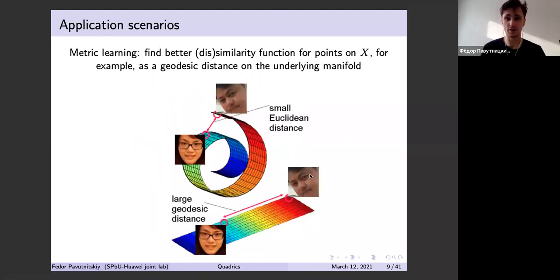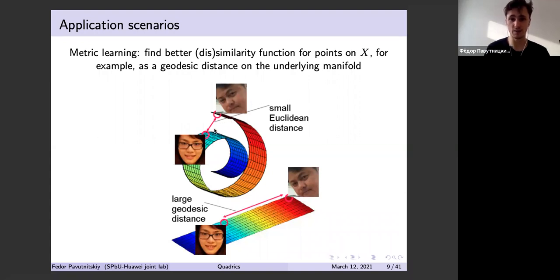The last application scenario that we'll cover today is metric learning. We haven't done it properly in full generality, but we have some very rudimentary metric learning that I will show later. But in general, the idea is the following: if we found our desired manifold that geometrically expresses the nature of the data, then similarity or dissimilarity between different points, so how much the points differ, is much more natural to measure along the manifold, right?